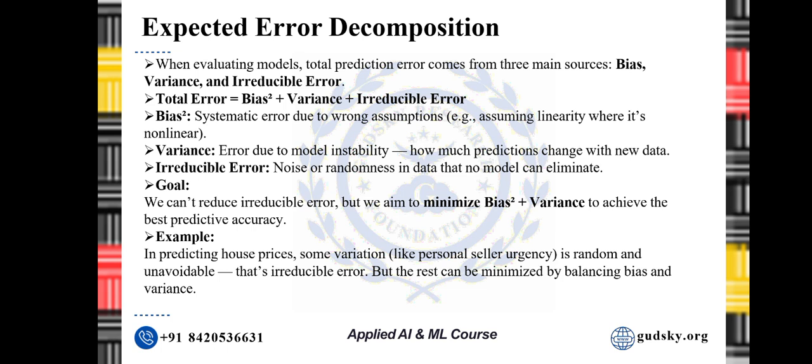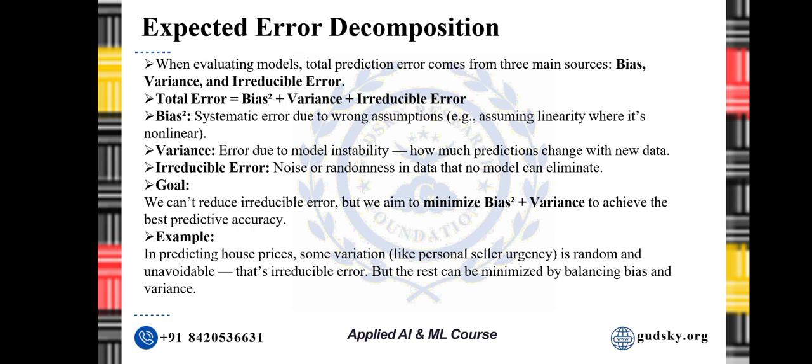Let's take a real world scenario, predicting house prices. Some differences like rooms or area are learnable. We can model those. But some factors like seller urgency or emotional decisions are random. That's irreducible error. So our goal as ML engineers is to minimize bias square plus variance because that's the part we can control.